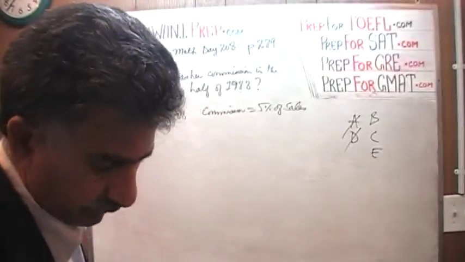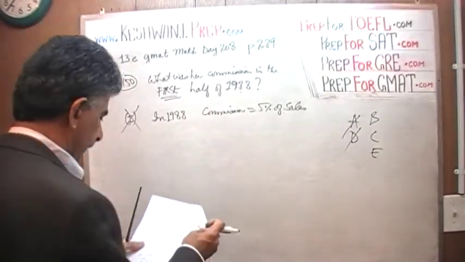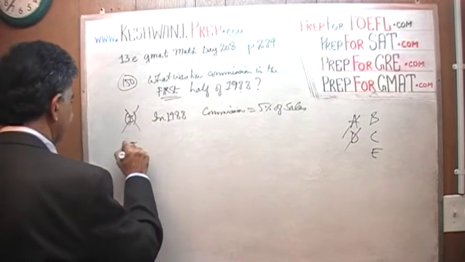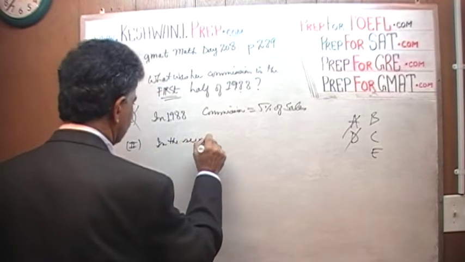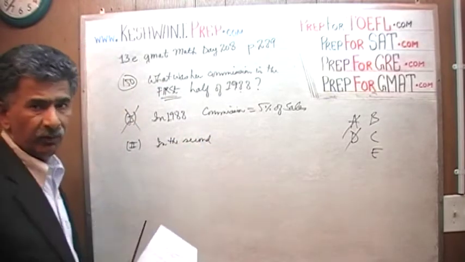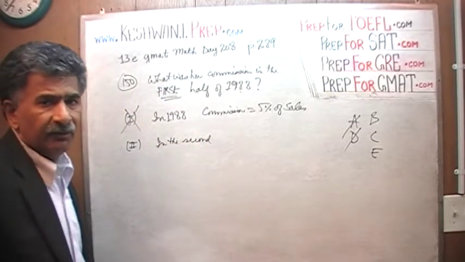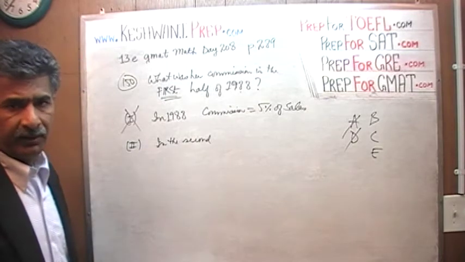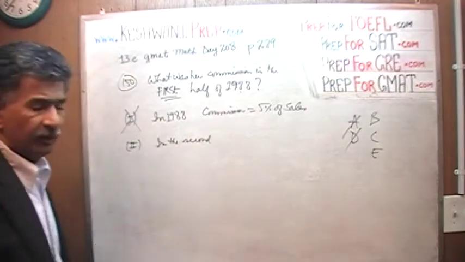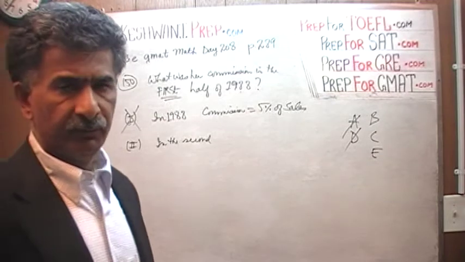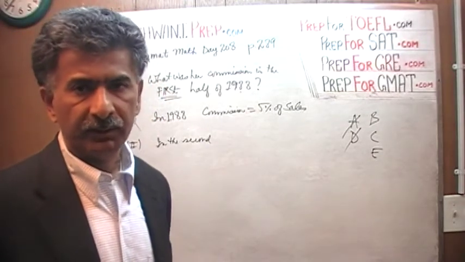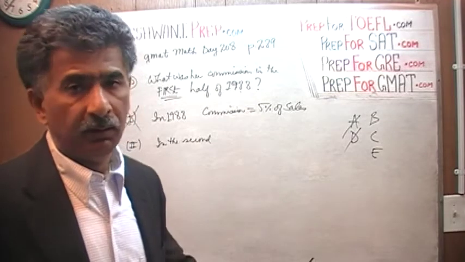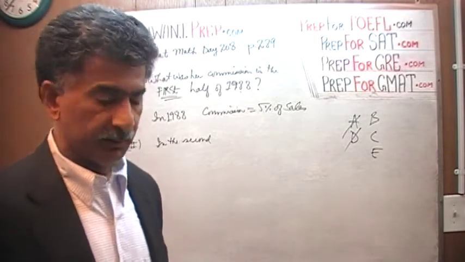In the second statement, they tell us that in the second half, well, right away you know this is not going to be very useful information, because I'm not interested in the second half. What good would the second half do unless we know her total sales for the entire year? If you knew the total sales for the entire year, and if they go on to tell us something about the second half, we can subtract one from the other and get the amount for the first half. But we do not know the sales for the entire year.